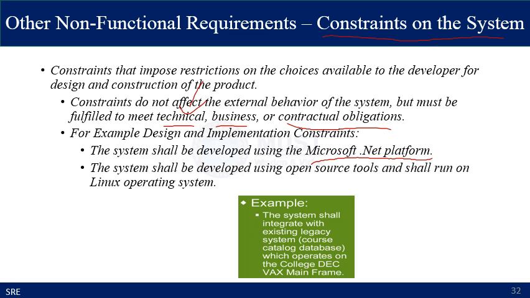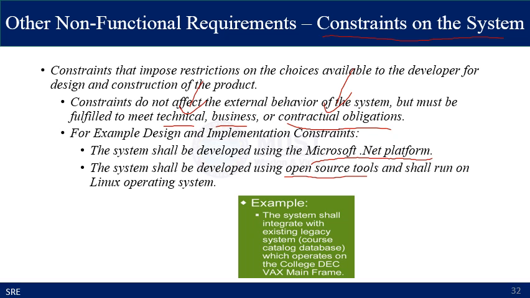Another requirement states that the system shall be developed using open source tools and shall run on the Linux operating system. Again, it is a technical requirement and it must conform to the contractual obligations of the open source tools.